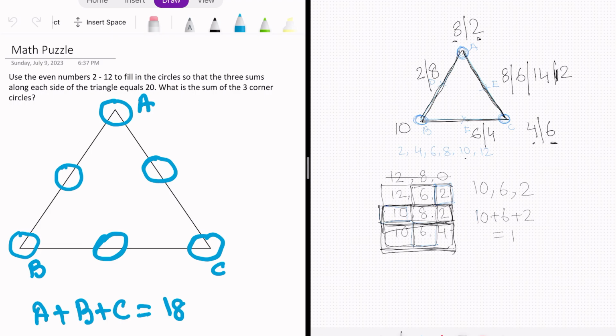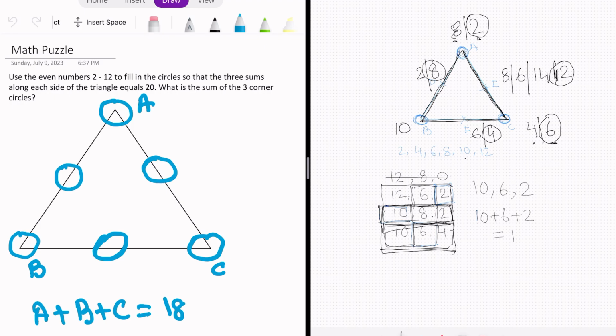Right? Now, these are all the possible values. Now we know, if we look at the whole triangle now, the only way you can add up to 20 is if you have this as 2 and this as 6, and you choose this as 12, then you can keep this as 4 and you can keep this as 8.